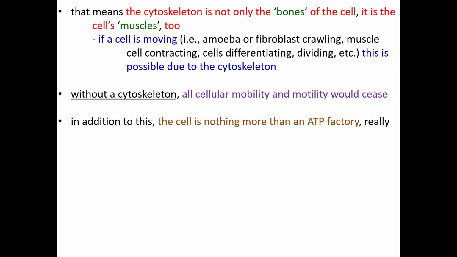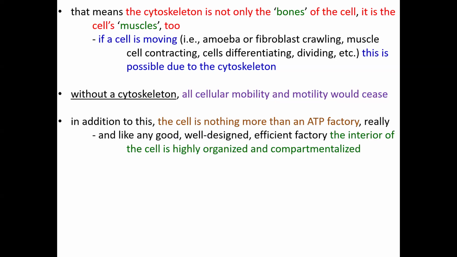In addition to this, the cell can be thought of in many ways as an ATP factory. Making ATP is a priority for the cell because we've got to bribe the universe because of all this order. And to get away with all this anti-entropy, we have to bribe the universe with a whole lot of heat. So making ATP is a priority for the cell, and that's why we spend so much time on cellular respiration.